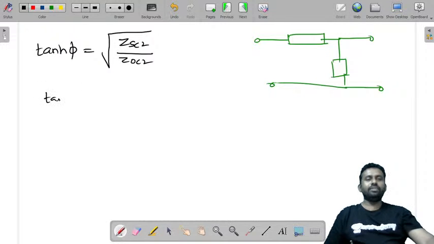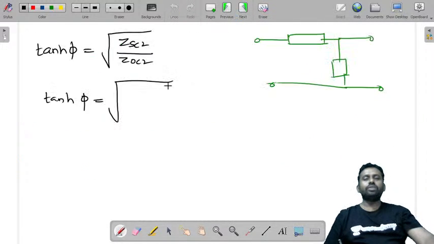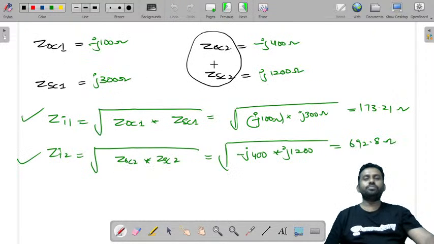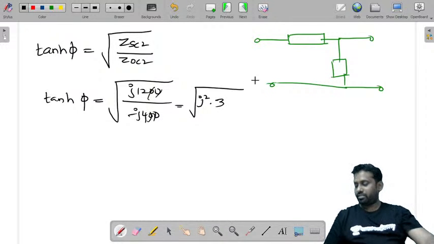So tan H phi is equal to under root of ZSC2, which is J1200, by ZOC2, which is minus J400. If you take this J to the numerator, it is J square into, and cancel these two with these brackets.